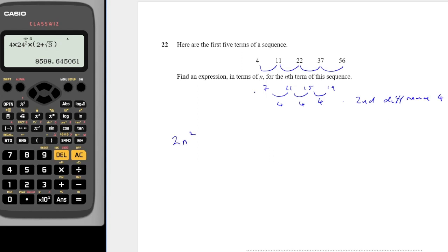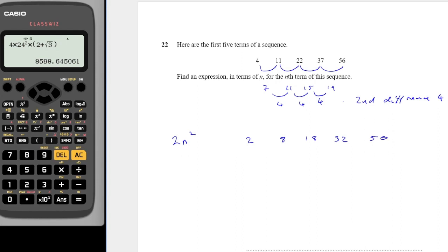So if I write the sequence of 2n squared: 1 times 2 is 2, 4 times 2 is 8, 9 times 2 is 18, 16 times 2 is 32, and the next one would be 50.